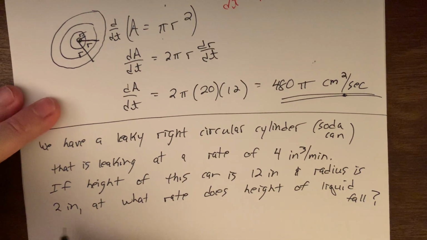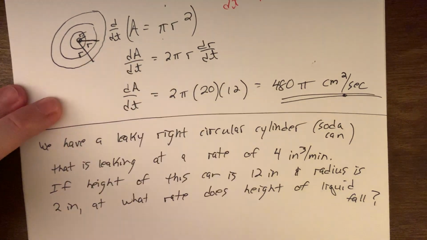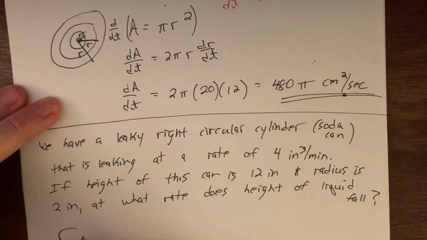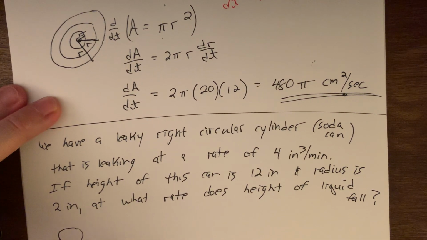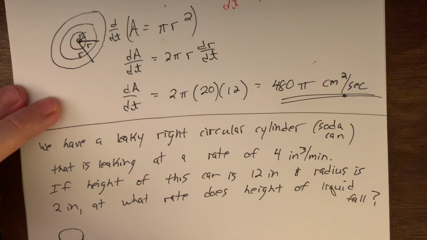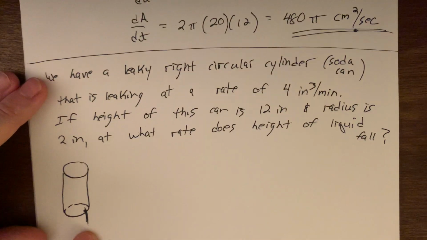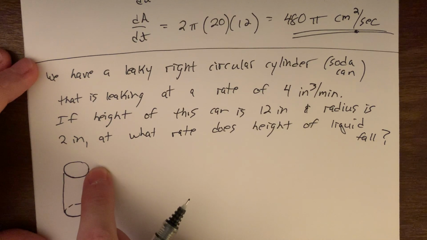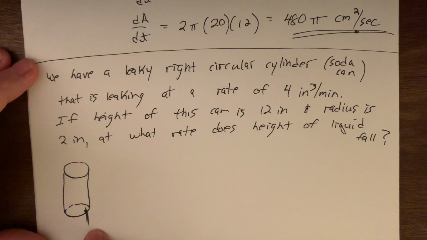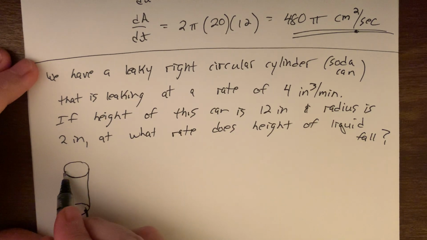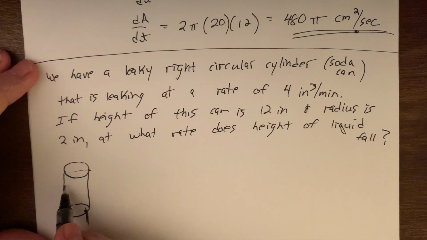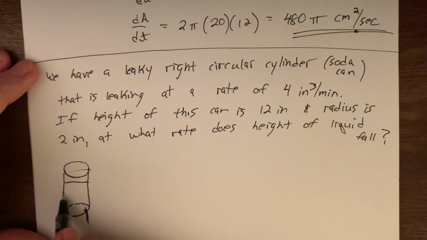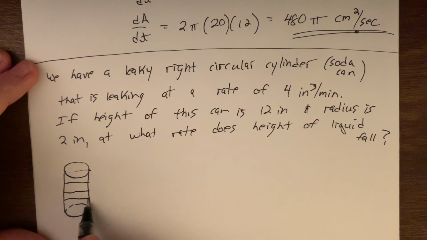So I'm going to draw a little picture over here, just like I drew my growing ring of circles here. I'm going to start off with my soda can. I'll put a little hole in the bottom. So we've got leaking liquid. Assuming my soda can was full at the top, as it leaks, what happens? The height of the liquid started here, but then it's down to here, then it's down to here, then it's down to here.